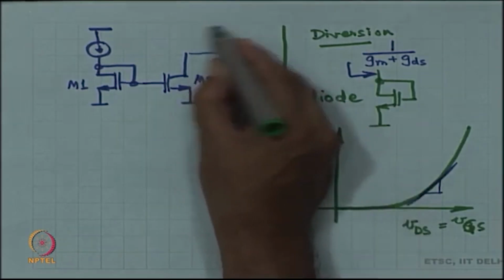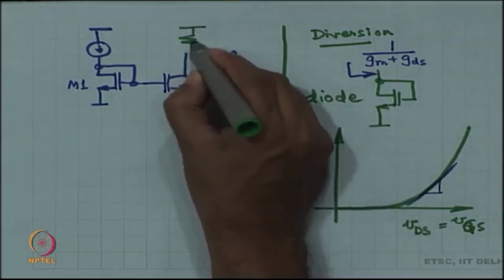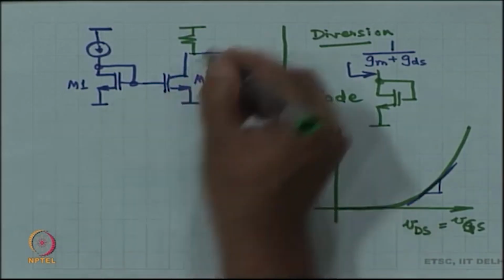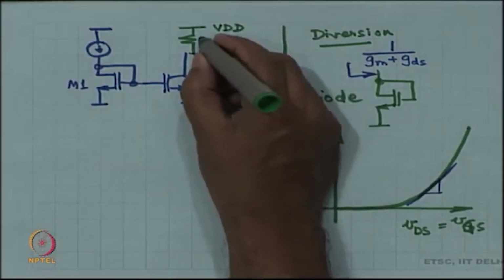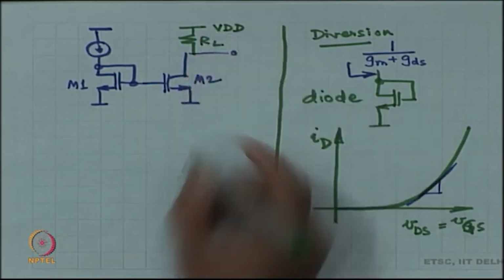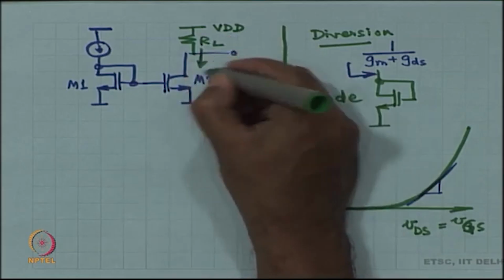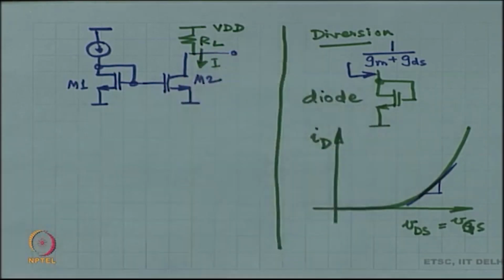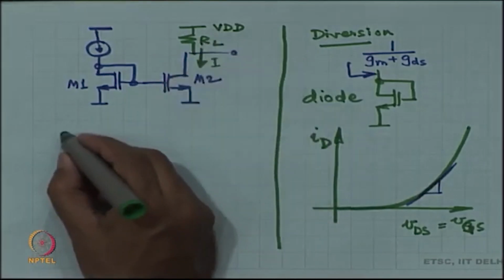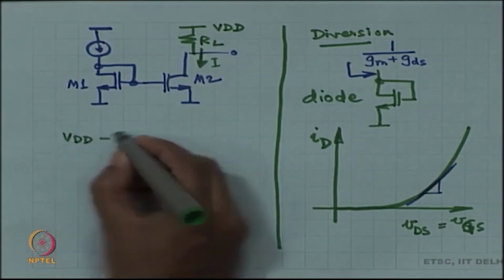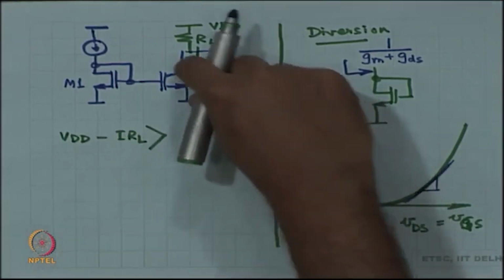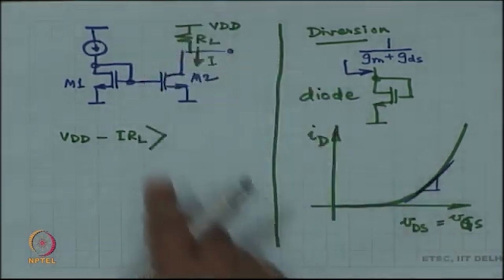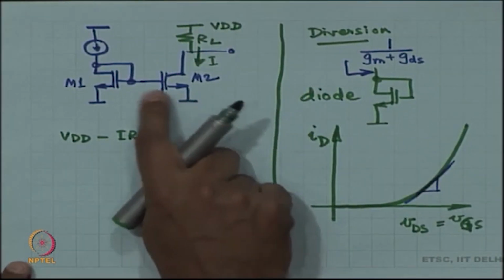And for this we have to work out the load. So, suppose you have got a load to a voltage VDD, okay. So, VDD minus I times RL, that is VDS, has to be more than VGS minus VT.